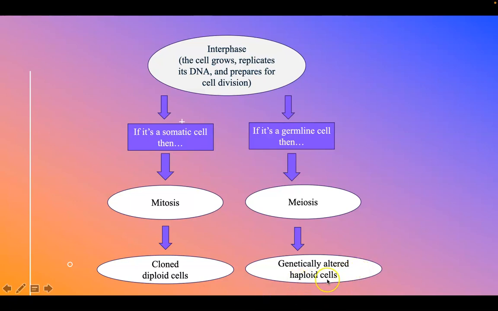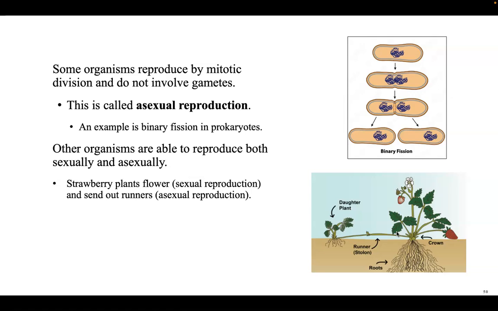They are haploid cells. They have half of the information of the parent cell. When we're thinking no new genetic changes have been made, but new cells have, that's asexual reproduction. Because a, when you put it in front of a word, means without. So without sexual reproduction. Meiosis is a form of sexual reproduction because we have new genetic combinations in our daughter cells. They are not clones.